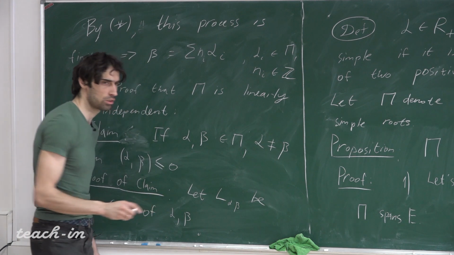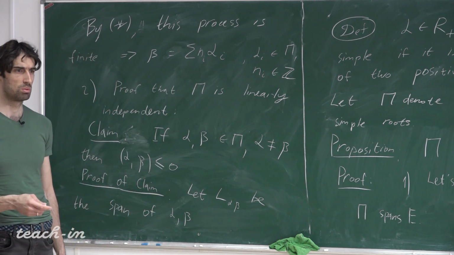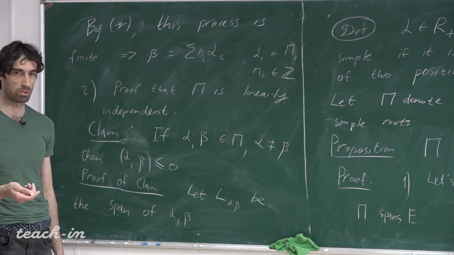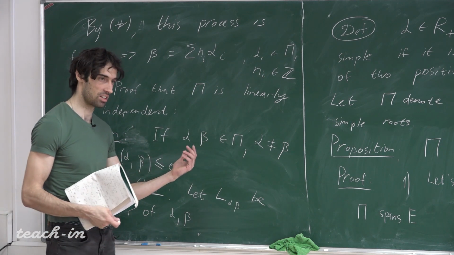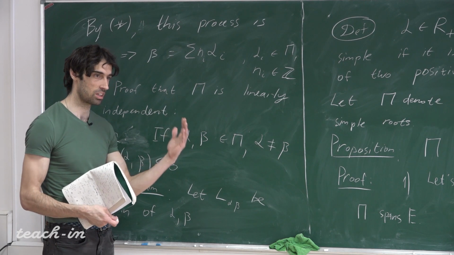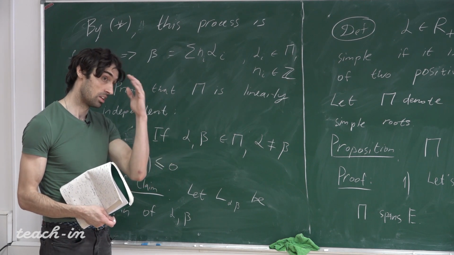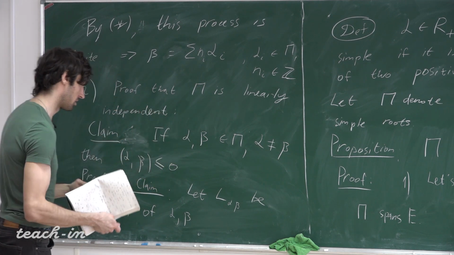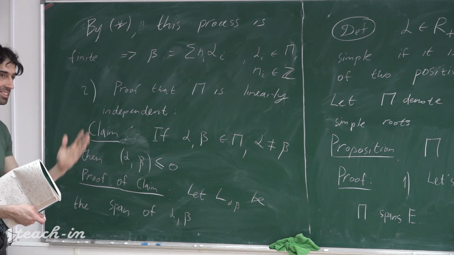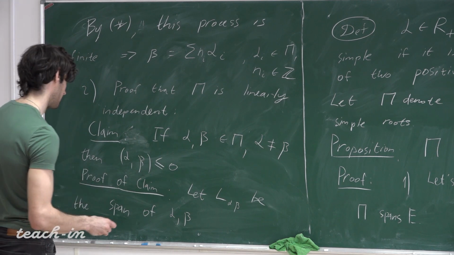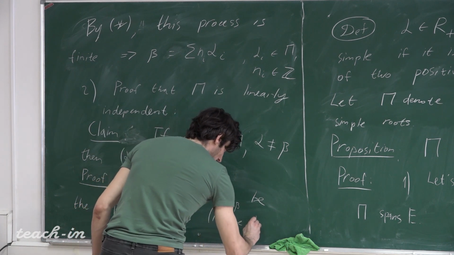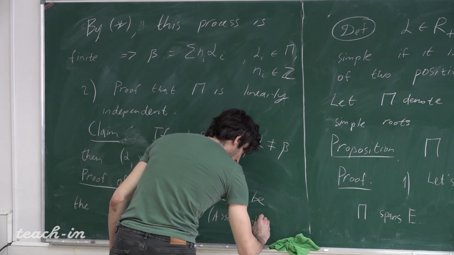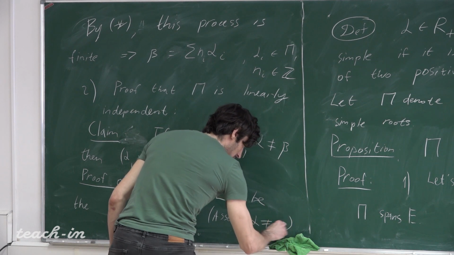And I also don't want beta to be negative alpha because it's clear that it's true if beta equals negative alpha. So I really would like L alpha beta to be a two-dimensional plane. Okay, assume alpha is not equal to negative beta.